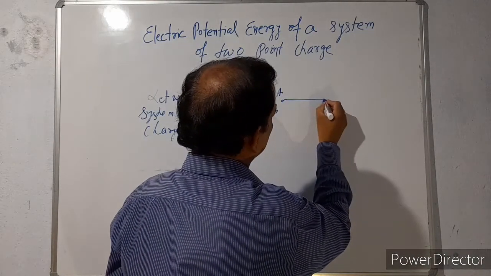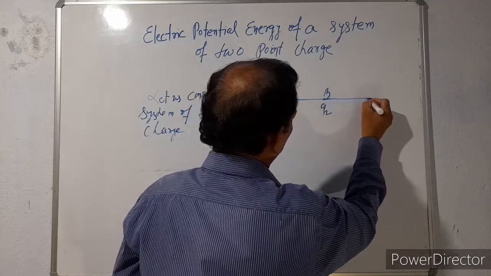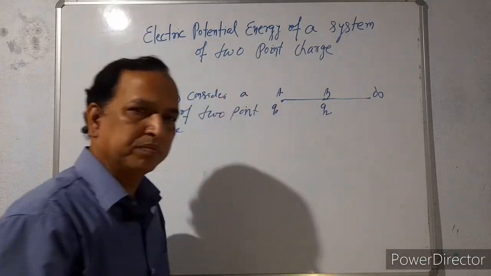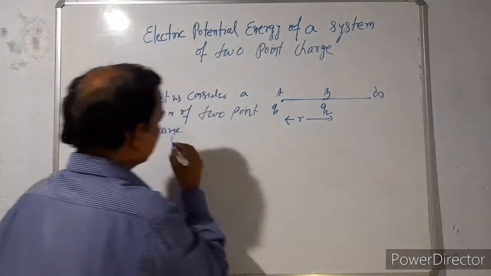Another charge Q2 is moved from infinity towards B. The distance between them is R.